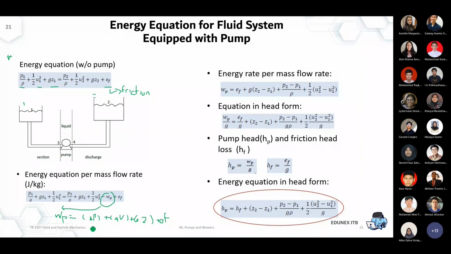If you need a pressure increase, that is the objective of the pump. If you need to increase the velocity, it can be compensated by the pump. If you need to increase the elevation, it is part of the job of the pump. And the friction loss along the pipeline is also the job of the pump, to compensate the pressure drop. So that's the location of the pump in the energy equation.